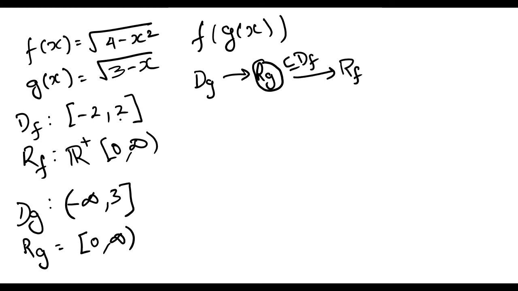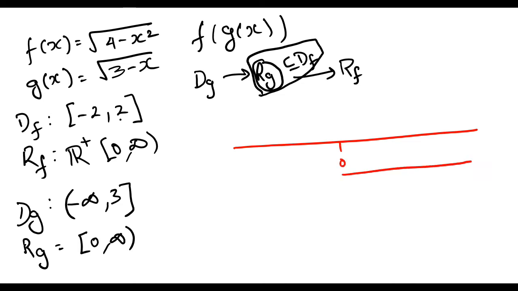Now the condition here is range of g should be a subset of domain of f. So the range of g is 0 to infinity. If I make a number line, it's from 0 onwards. This is range of g, and the domain of f is minus 2 to 2.